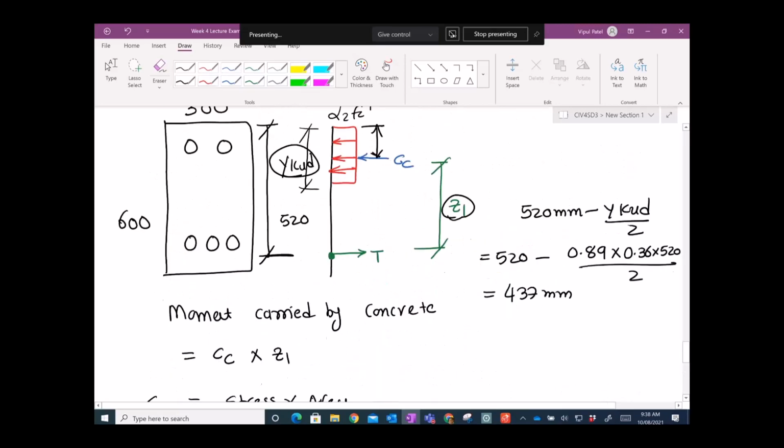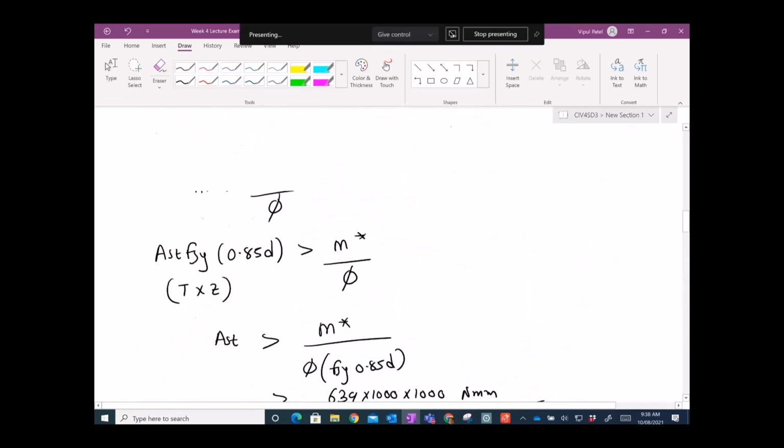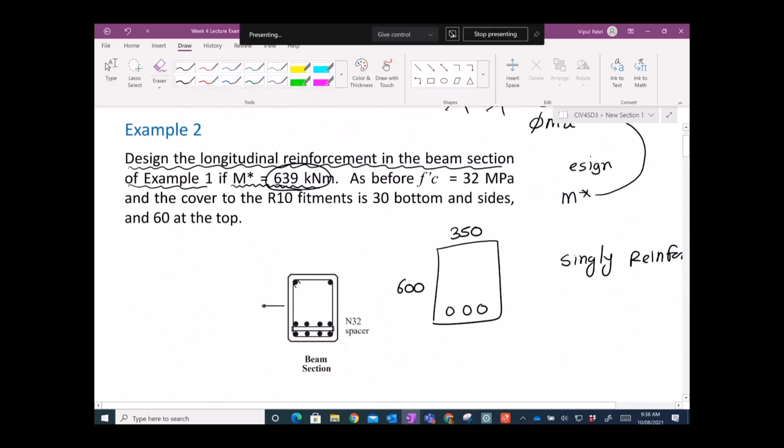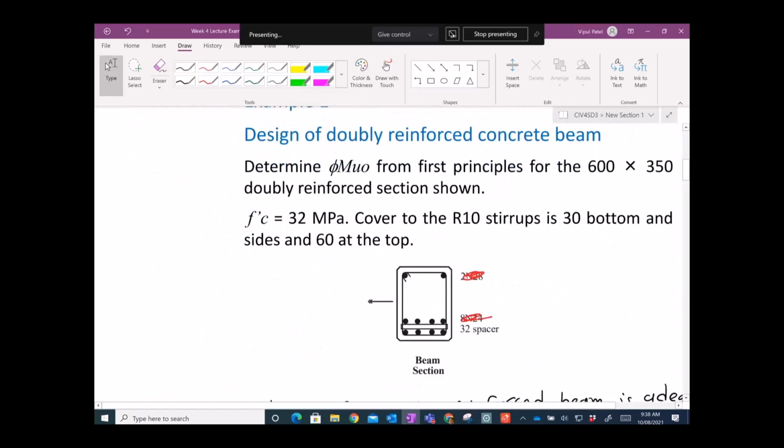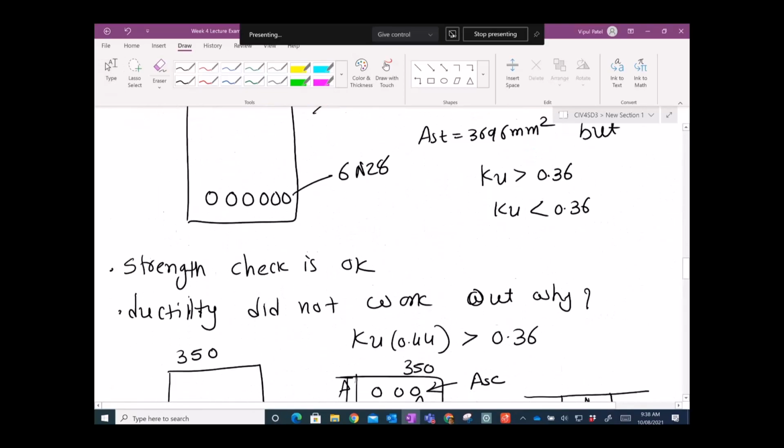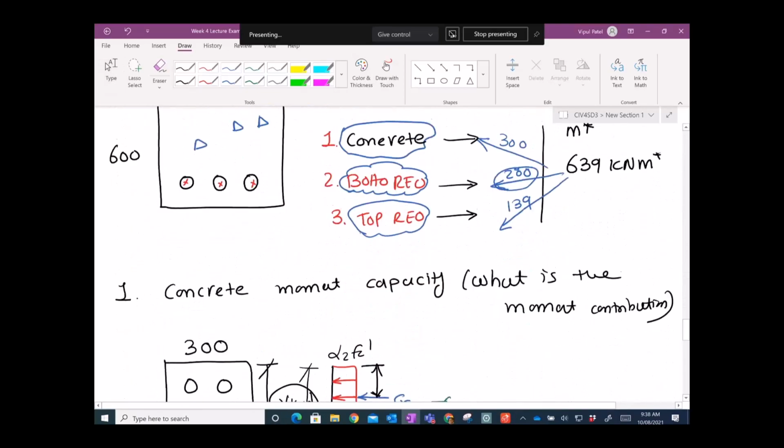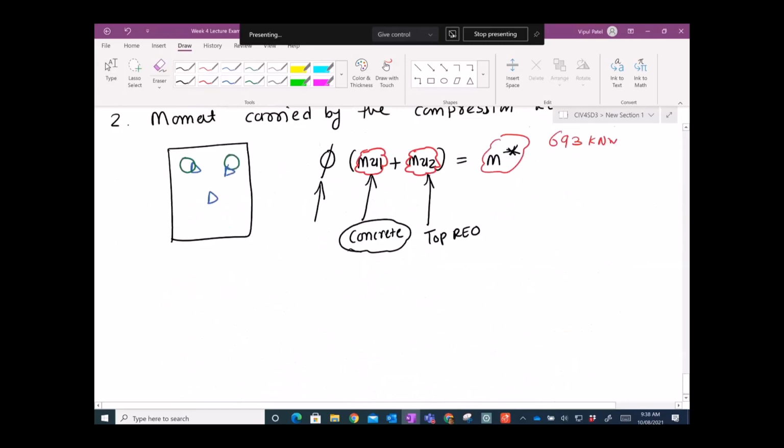639 or 693, what was that? 639, I believe. 639, yep. So if you add those two together, you will have this capacity.